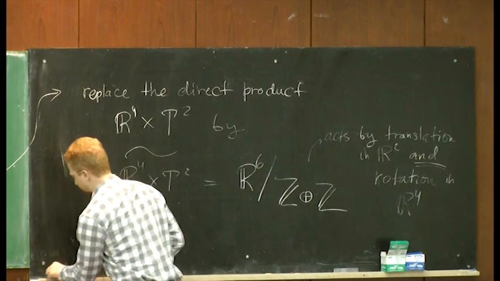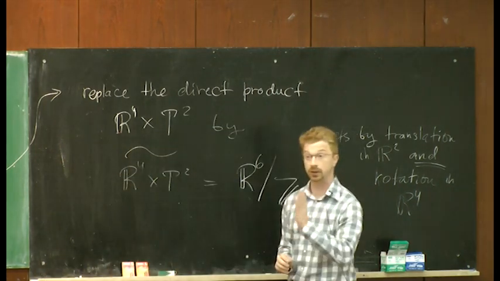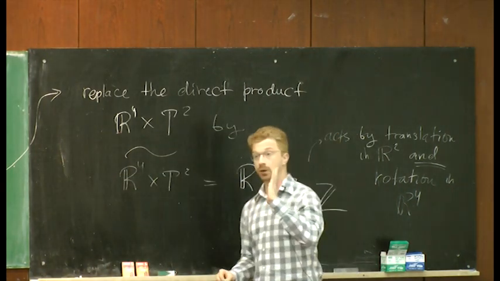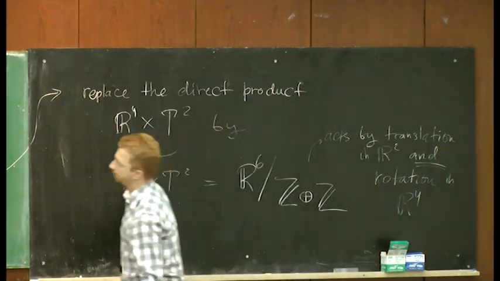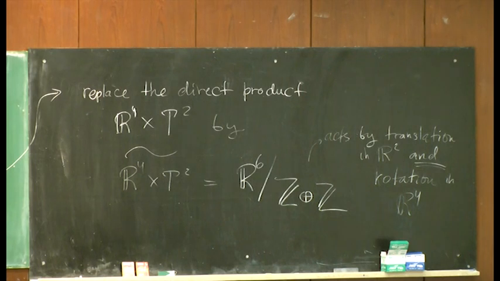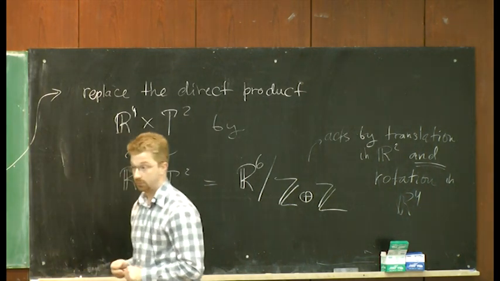So I'm trying to construct a geometry which is locally flat, but globally it's non-trivial. So as you go around these cycles in the two torus, your 4-dimensional space experiences rotations.